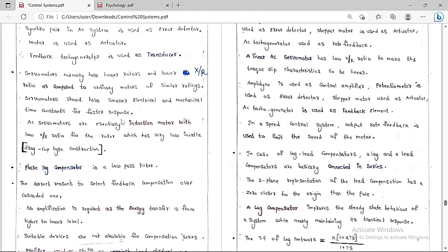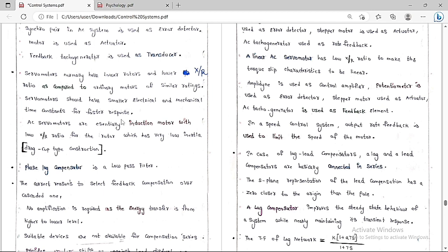The next one: AC servo motors are essentially induction motors with a low X/R ratio for the rotor, which has a very low inertia, drag cup type construction. So listen carefully.